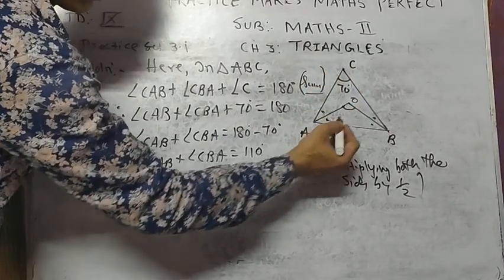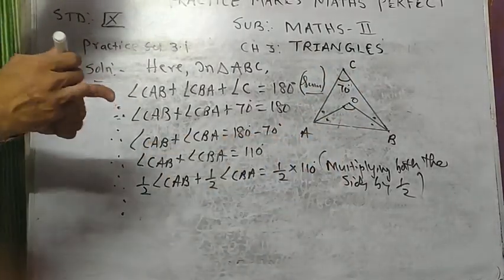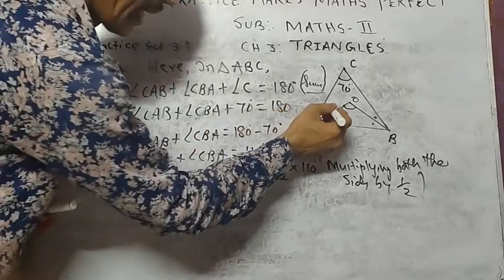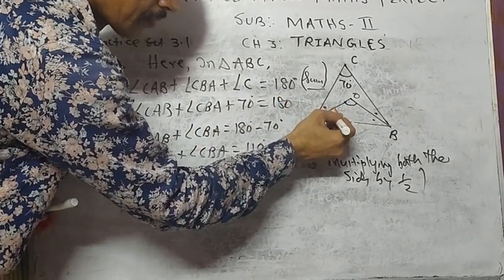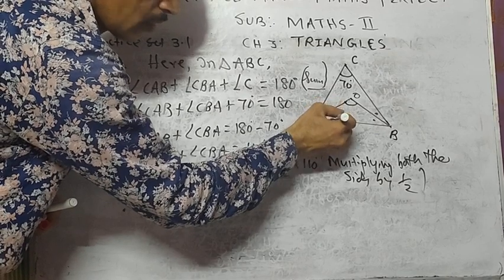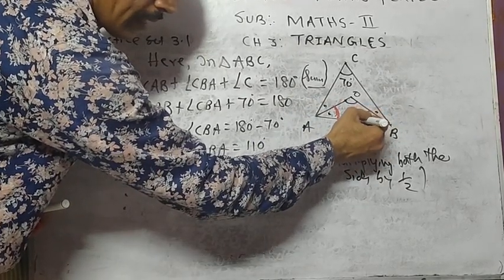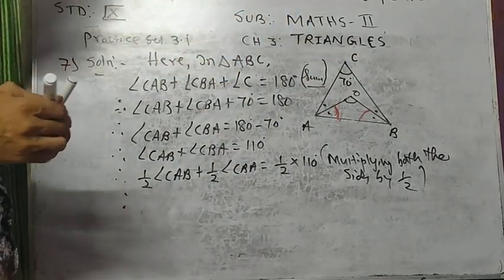Half of angle CAB means which angle you will take now, that you have to be clear. So you will use this angle, and for this you are going to use this angle. Is that clear?